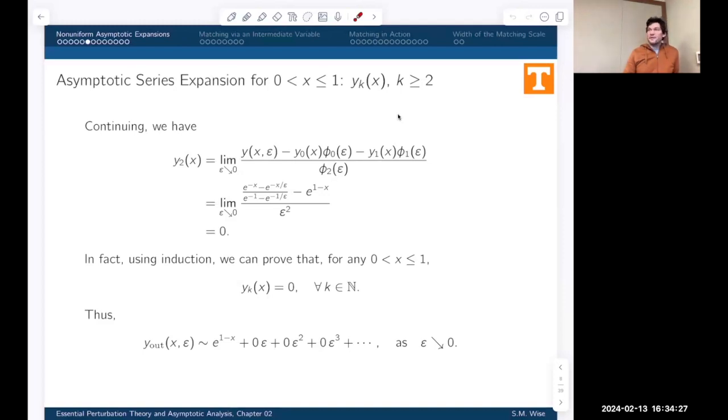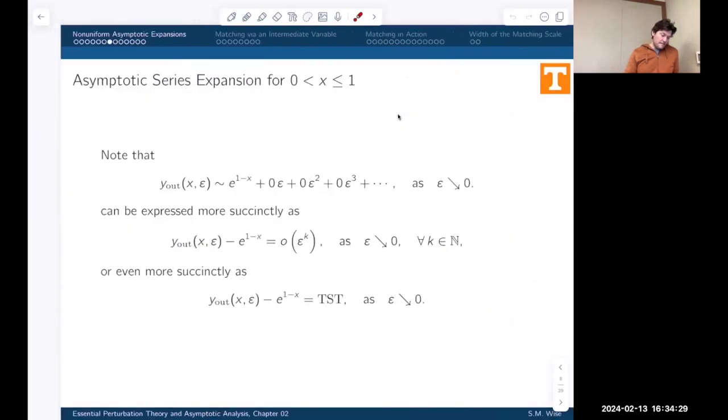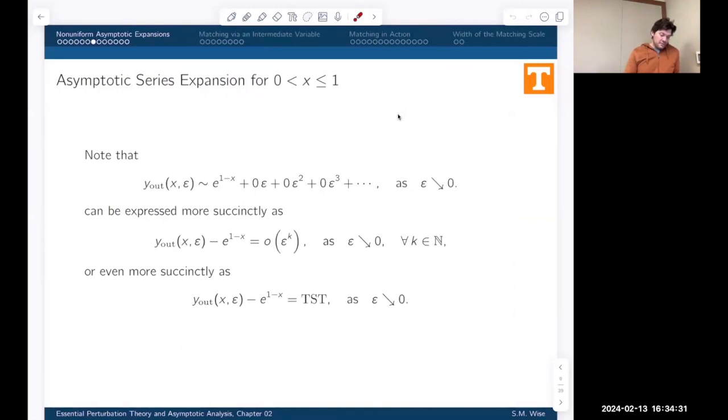Of course, we have a name for such behavior. So we can show that this just means that the outer solution, or the outer expansion, as I'm going to call it now, minus its 0th order approximation is a transcendentally small term as epsilon goes to 0.